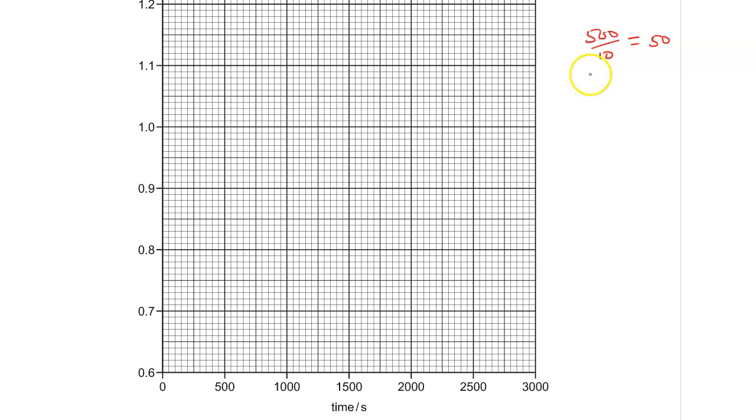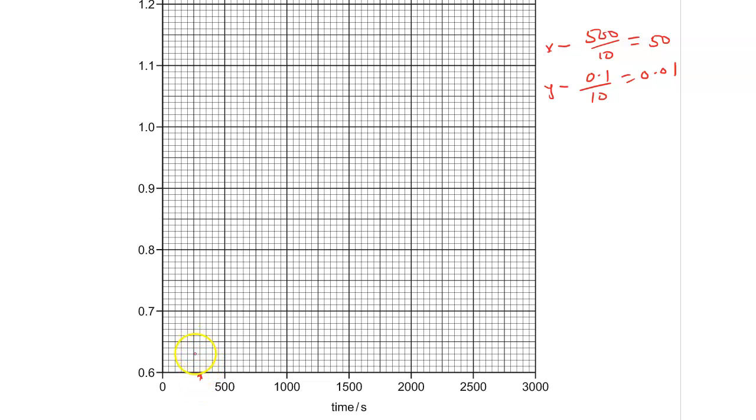So the difference is 0.1, divided by 10 small squares. This will give us 0.01 on the y. This is the x-axis and this is the y-axis. So 300, basically 300 divided by 50 will give you 6. So 1, 2, 3, 4, 5, 6 will be here, 300.